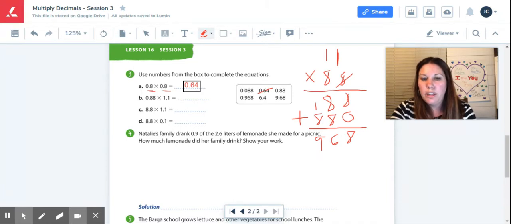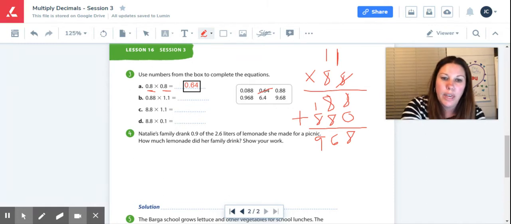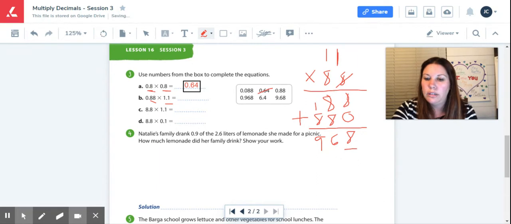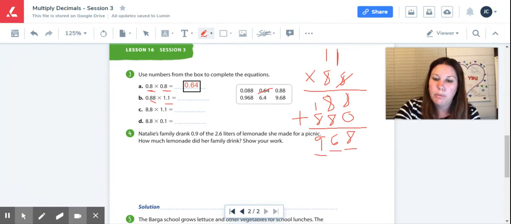So now I'm going to go back to my problem and count how many decimal spaces come after the decimal. So we have 2 right here for 0.88 and we have 1 for 1.1, for a total of 3. So I'm going to count 1, 2, 3, and then I'm going to put my decimal point.